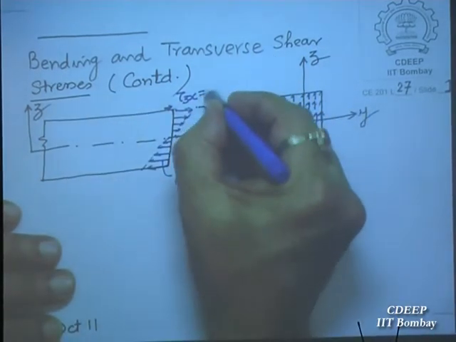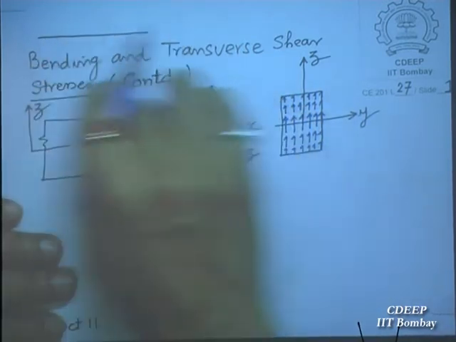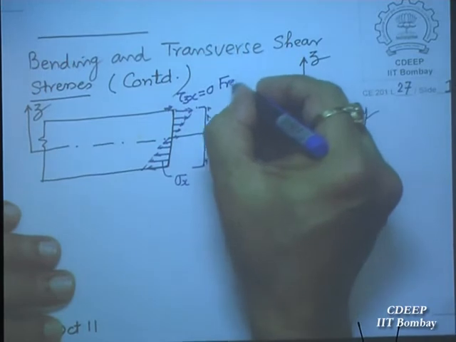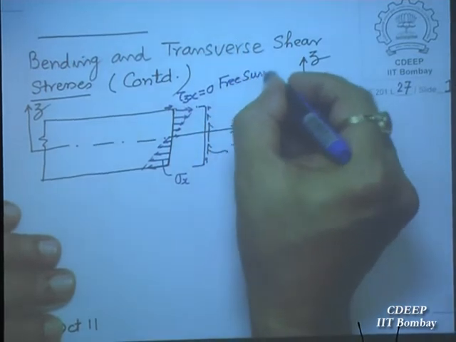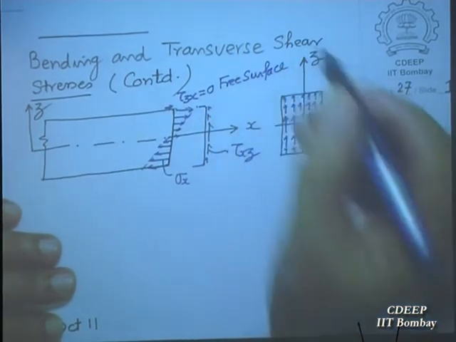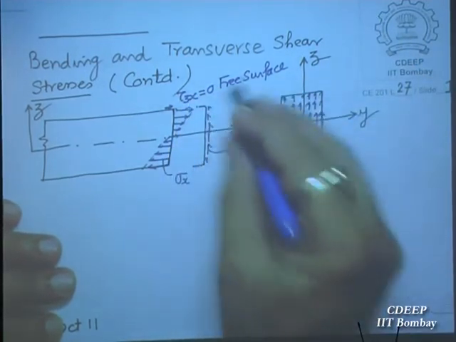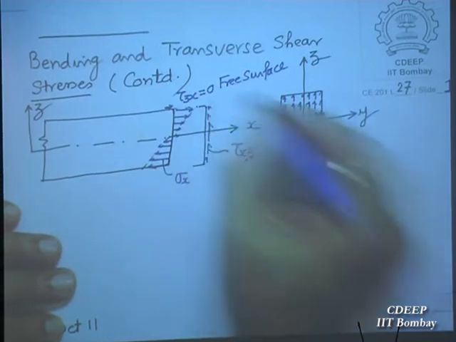Now this is 0 because it is a free surface. The top is free of stresses. And therefore tau zx equals tau xz, so at the top it must be 0.